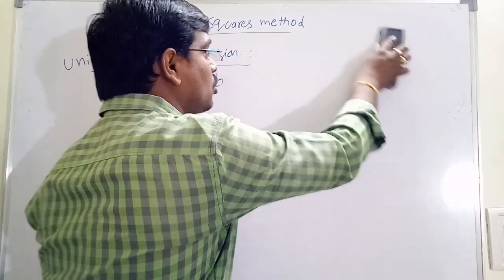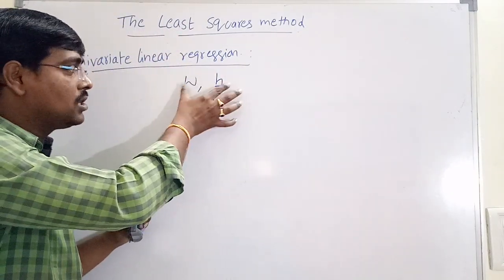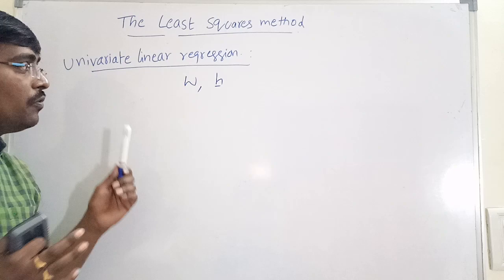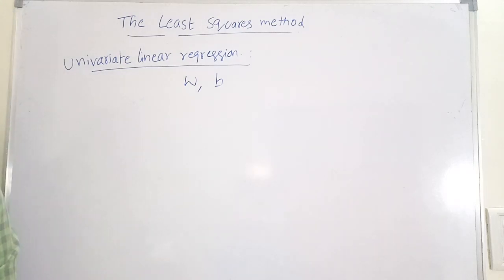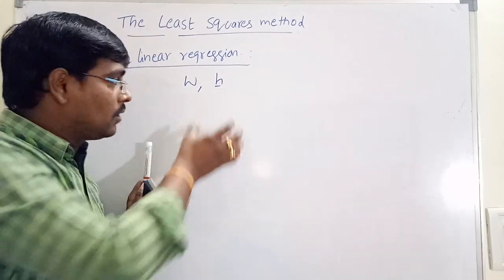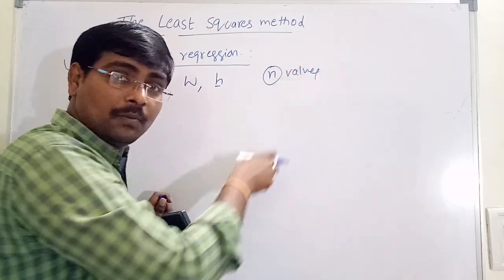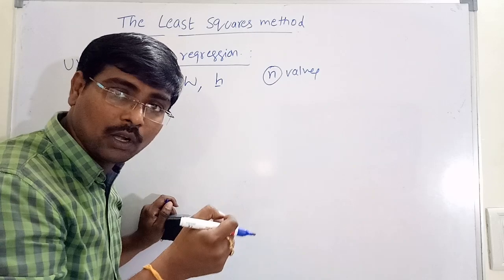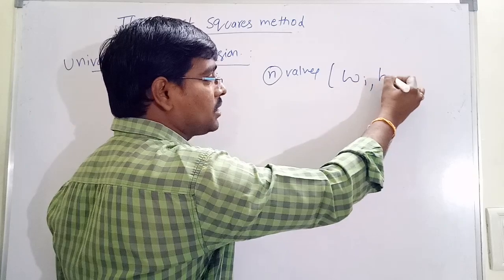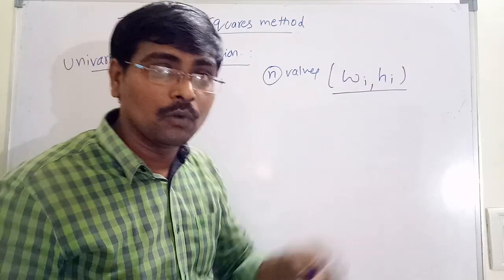Similar to the slope equation, assume two features, weight and height. We have to find the relationship between these two features. Suppose we are providing n values, as in the previous case where we considered sigma i is equal to 1 to n. We are providing n values of Wi comma Hi pairs, which are the original values.